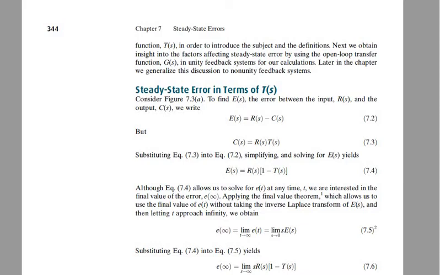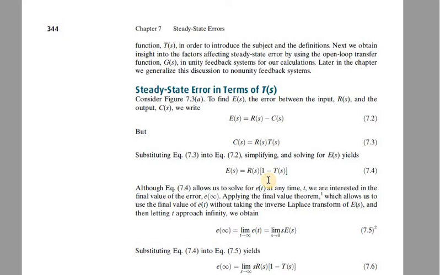So our input we represent as R of S, and output is C of S. We know that transfer function is the ratio of output to input, equal to T of S, or we can write the output as C of S equal to R of S times T of S. If we plug this relation back into equation 7.2, it becomes E of S equal to R times 1 minus T of S. So here we represent error in terms of the closed loop transfer function.